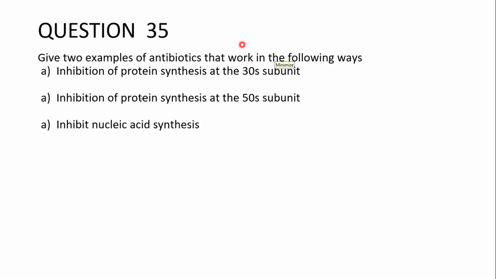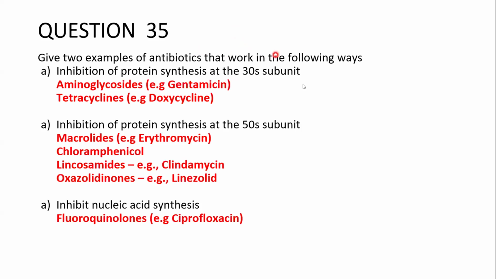So yeah, I'm seeing answers, very good. At 30S, these 2 are pairs, and it can help you in microbe and in pharmaco. Aminoglycosides goes with tetracyclines. Remember that, 30S.